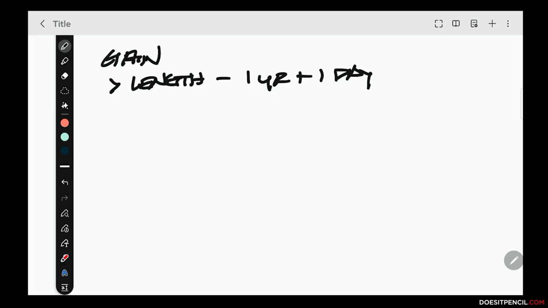Now when I was doing my graduate tax work with the IRS, they were very emphatic about the fact that it's not 1 year, it's 1 year plus 1 day. So if you own an asset more than 1 year and 1 day, it's treated as what I'm going to call an LTCG, just easier to read because of my handwriting.